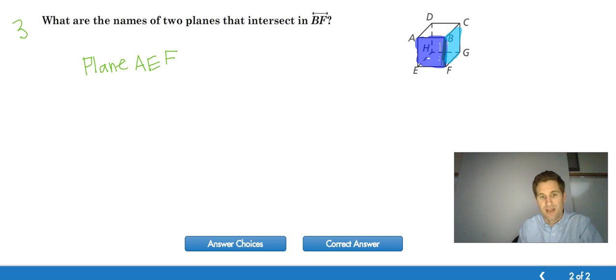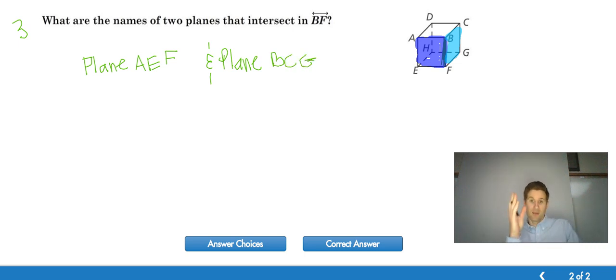So plane AEF, and then we could also say the plane in the light blue back here, which would be plane BCG or GFC or whatever we want. We'll go BCG. Okay, so that line intersects between those two planes.